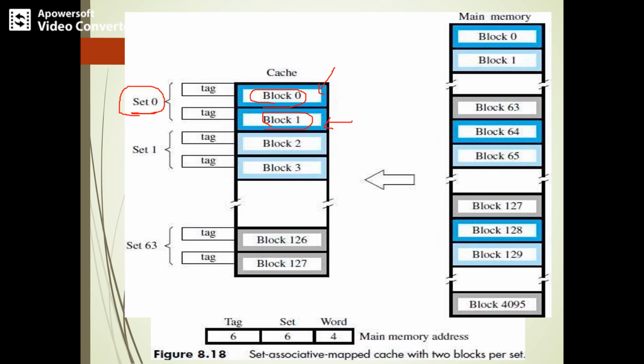So we have the choice that the block can be mapped into block 0 or else block 1. That is, the blocks of main memory are associated with sets of the cache.